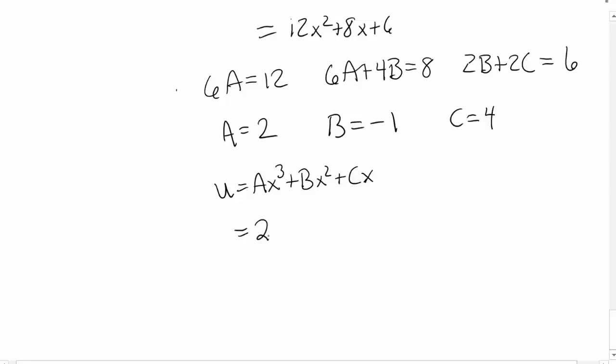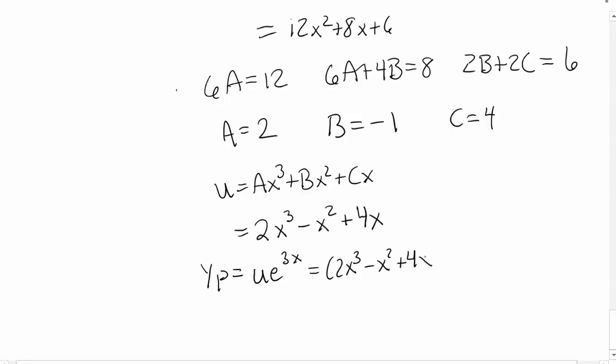So that means I have 2x cubed minus x squared plus 4x, and my particular guess had been u e to the 3x. So I get 2x cubed minus x squared plus 4x times e to the 3x.